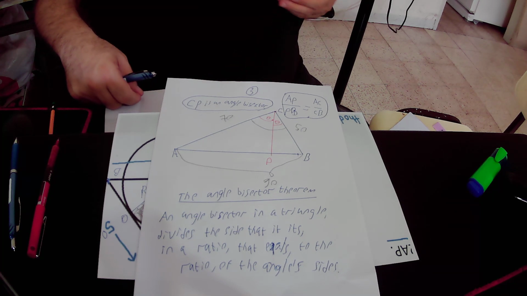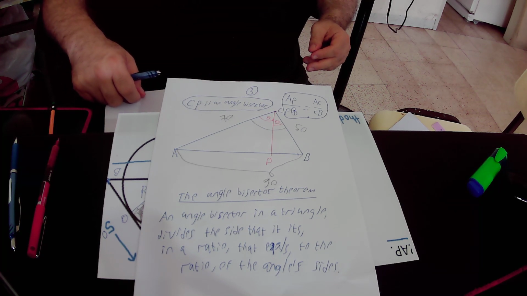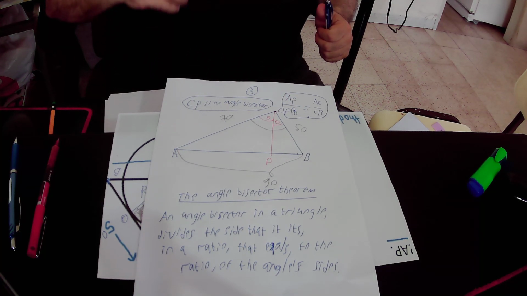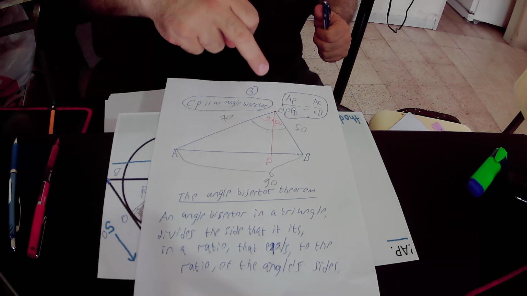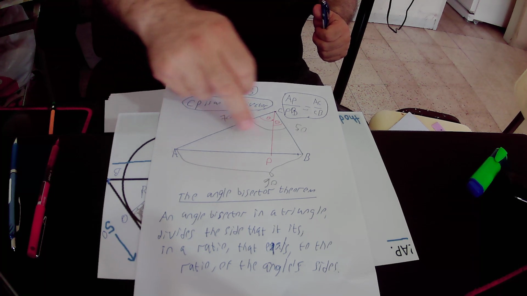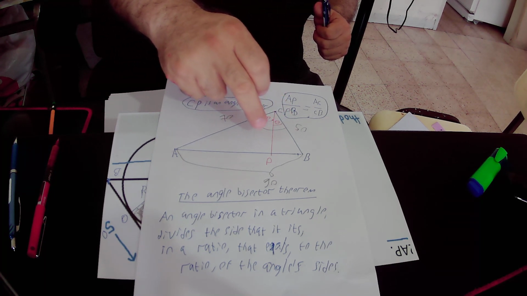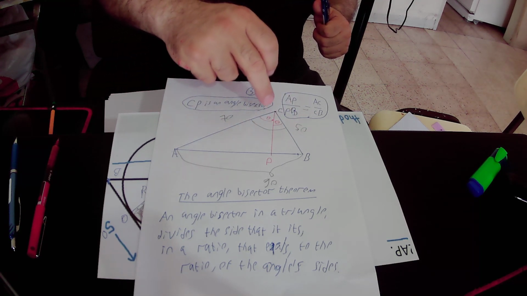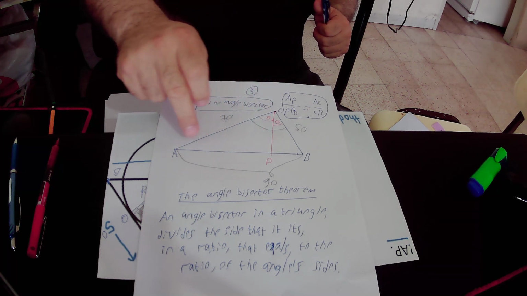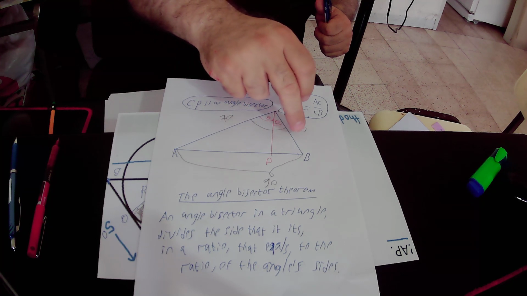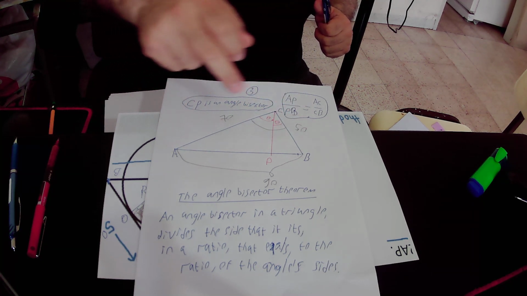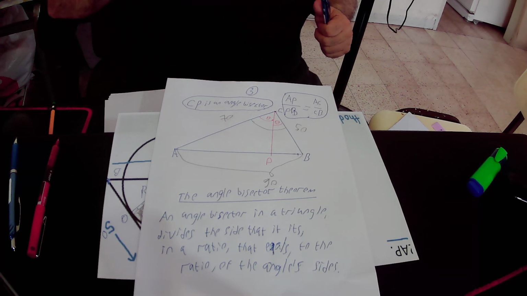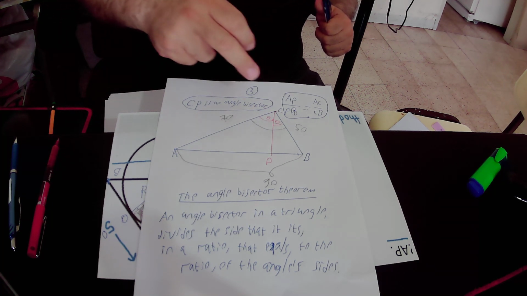So I will explain again. An angle bisector CP in triangle ABC divides the side that it hits, side AB, into two parts, part AP and part PB, and the ratio between those two parts, AP over PB, equals the ratio of the angle's sides.